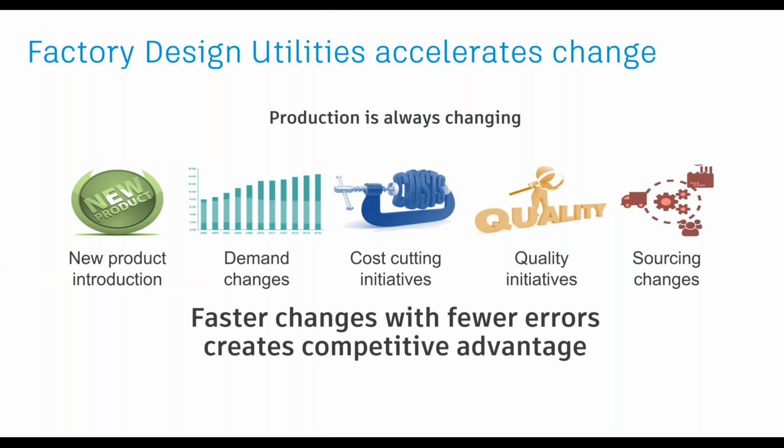As you know, your production is always in flux, responding to changes in your business. These changes are commonly grouped into these items. There is the new product introduction, there are changes in demand, and I'm sure everyone today is talking about cost cutting initiatives and quality improvement projects.